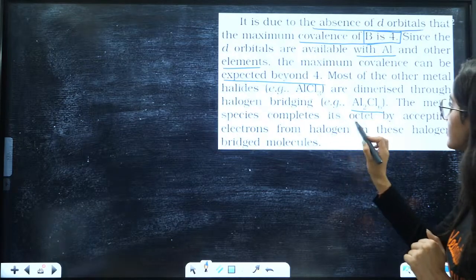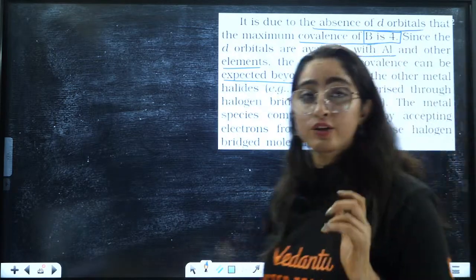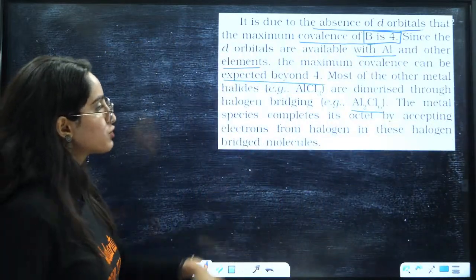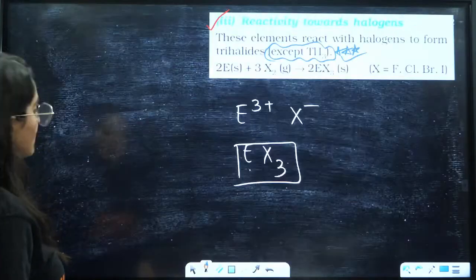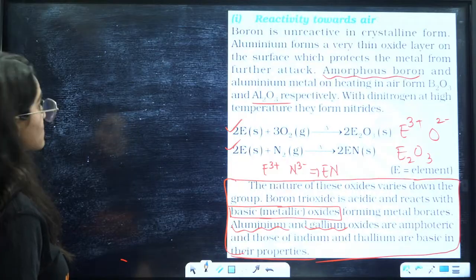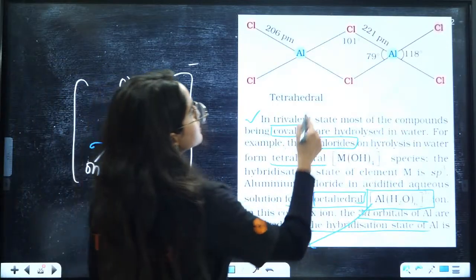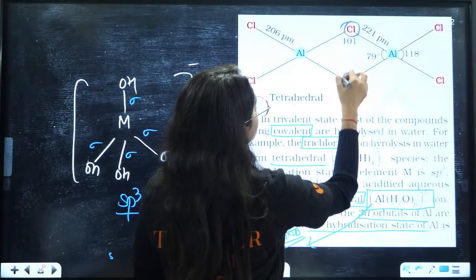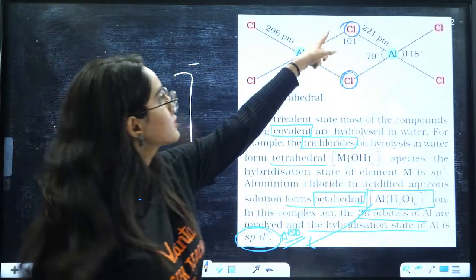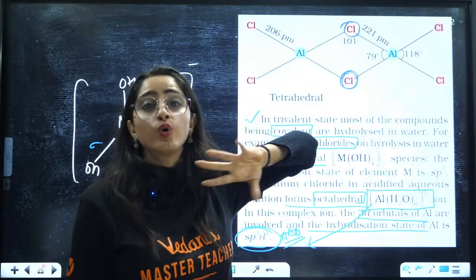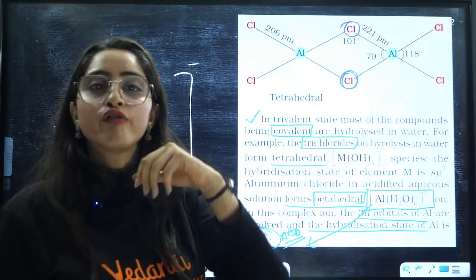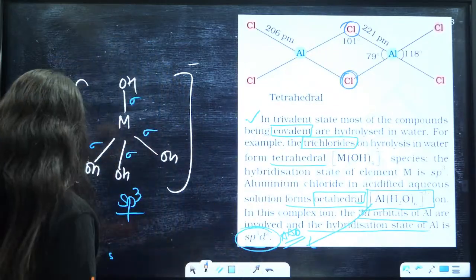The metal species complete the octet by accepting electrons from halogen in these halogen-bridged molecules, as you have seen here. This is the dimer, and the halogens are acting as bridges.